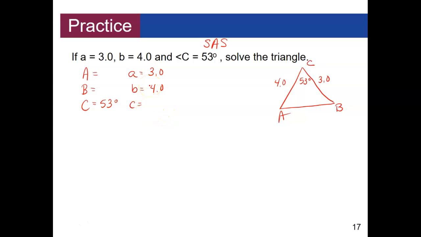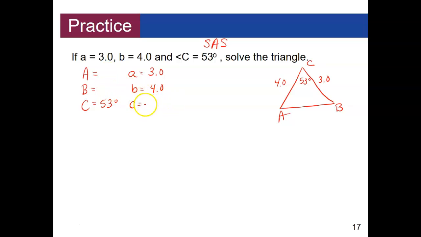So I'm going to have to use law of cosines to do this. The first thing I'm going to do is find this side C because I'm going to need that when I start finding some of these other angles here.